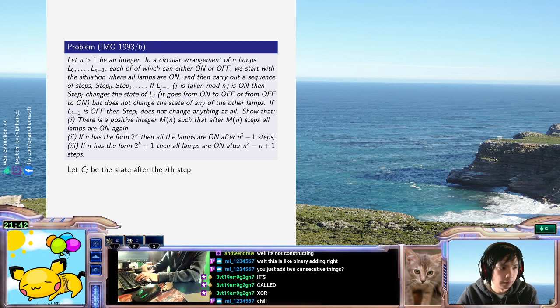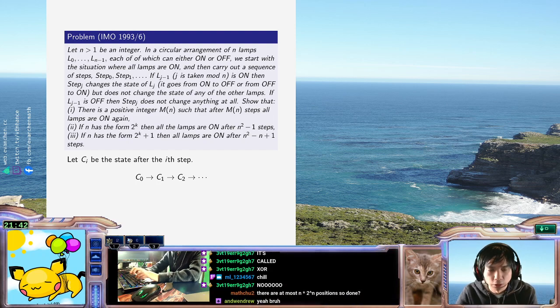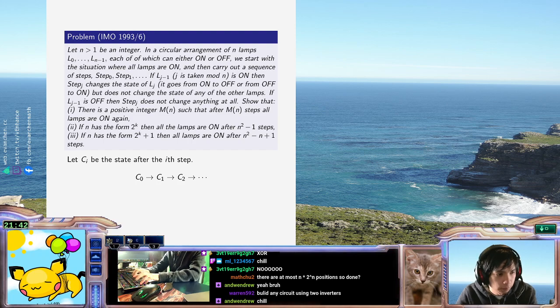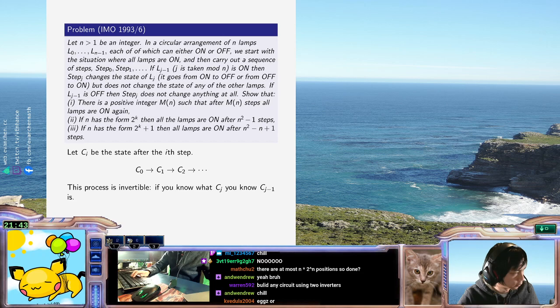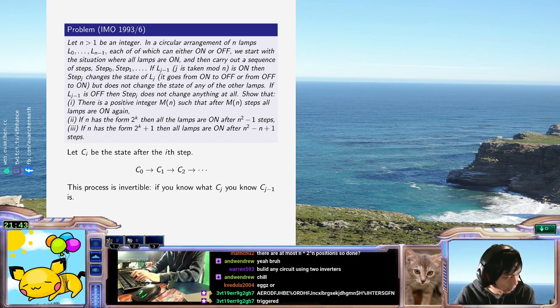But what happens is that because of the way it's set up, this process is invertible, by which I mean if you know what Cj is, you also know what Cj minus 1 is. It's called XOR. You can call it addition mod 2, whatever you want.